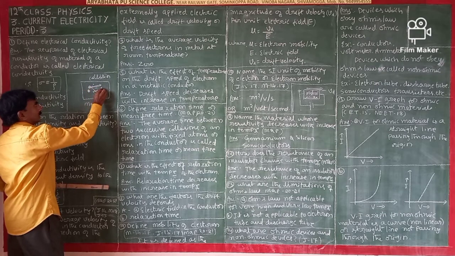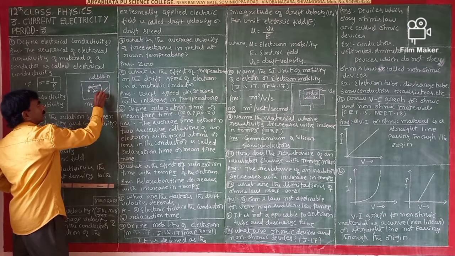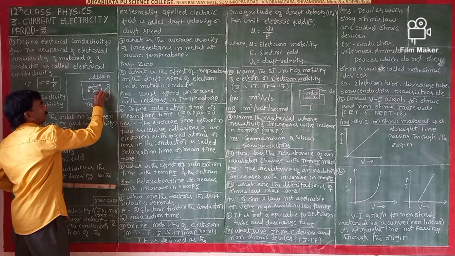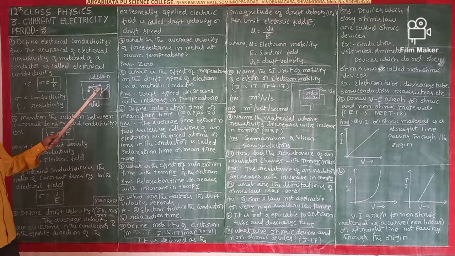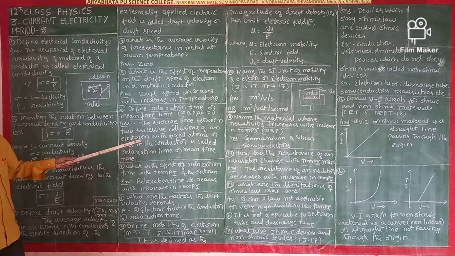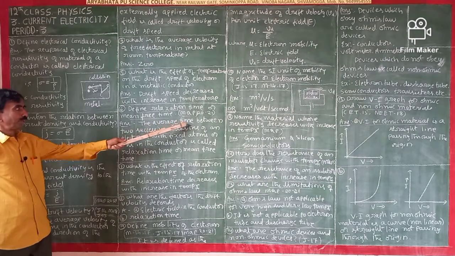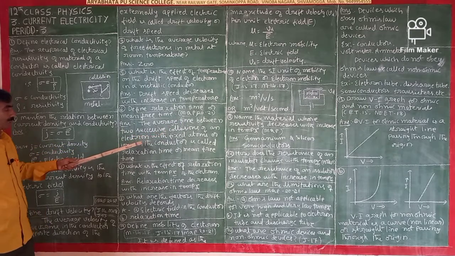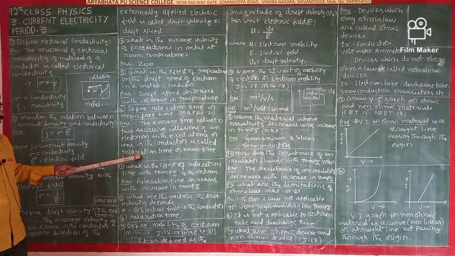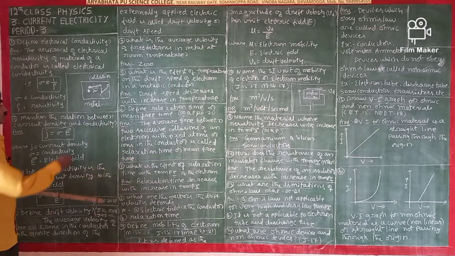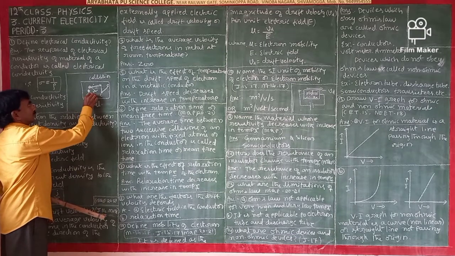So the time interval between two successive collisions of an electron with fixed atoms or ions in the conductor is called relaxation time. It is two successive collisions.